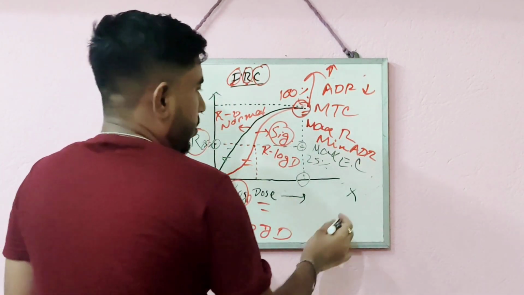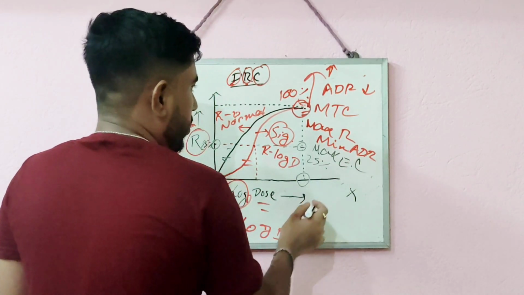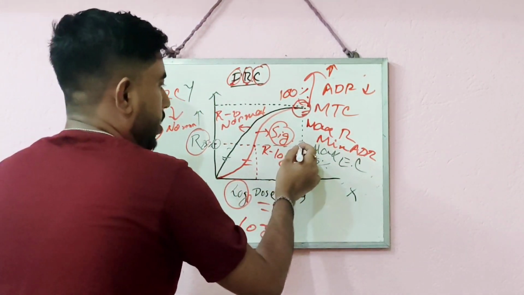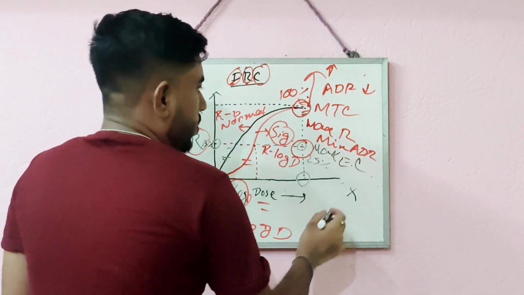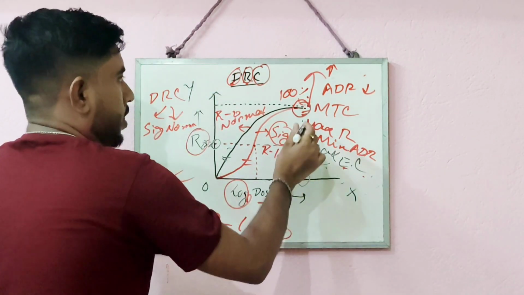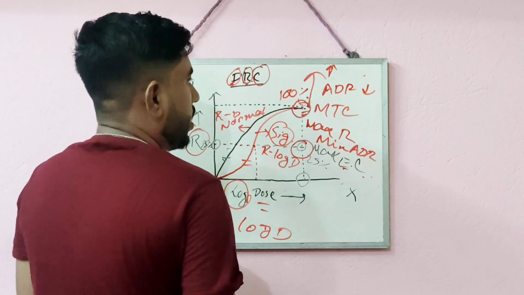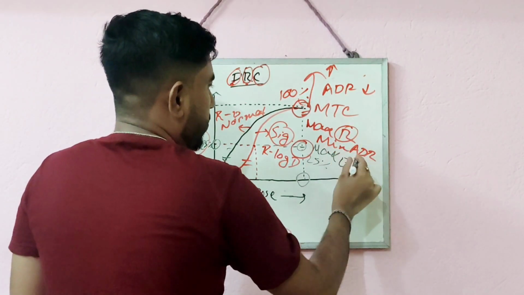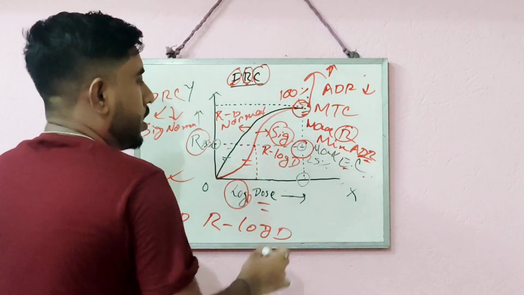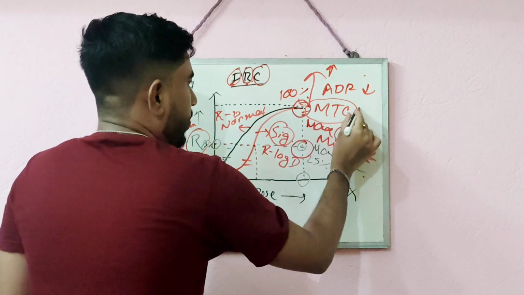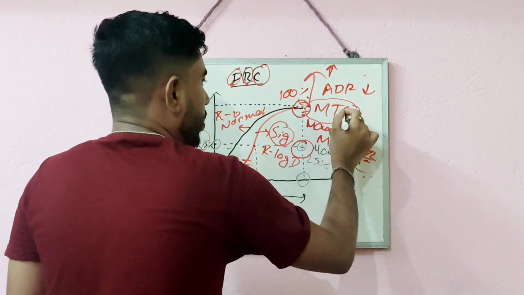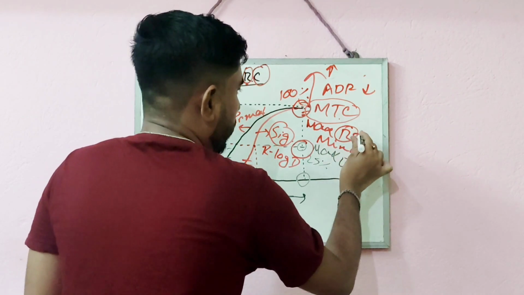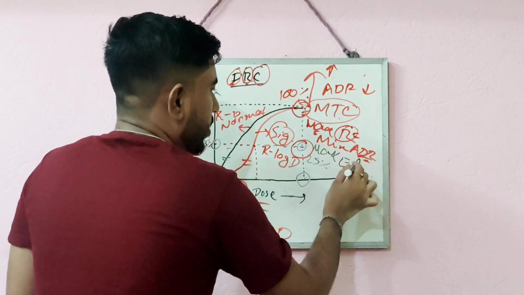So two things you have to remember. One is the maximum effective concentration, where the drug starts showing its action, and the point where the drug is showing maximum response and minimum adverse drug reaction, that is called the minimum toxic concentration.